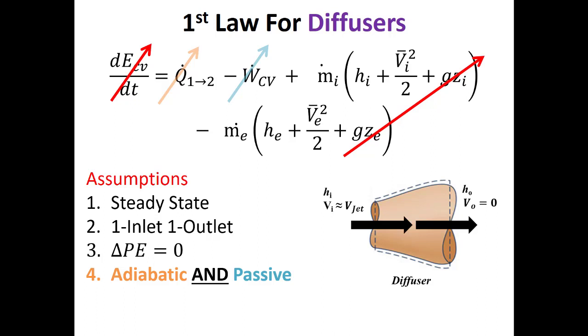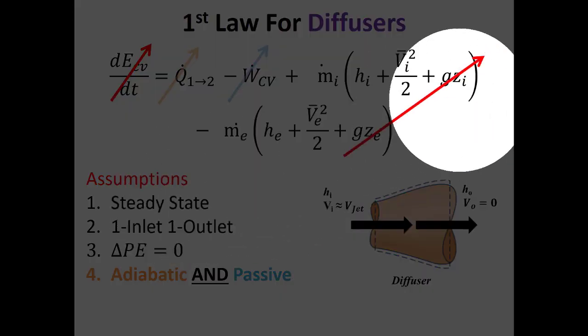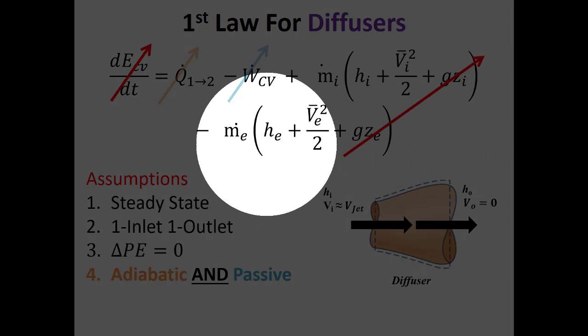But now, usually for most components, we would also say something like the kinetic energy change can also be neglected. But we can't do that in this case because the whole purpose of this component is to change the kinetic energy at the inlet into enthalpy at the outlet.